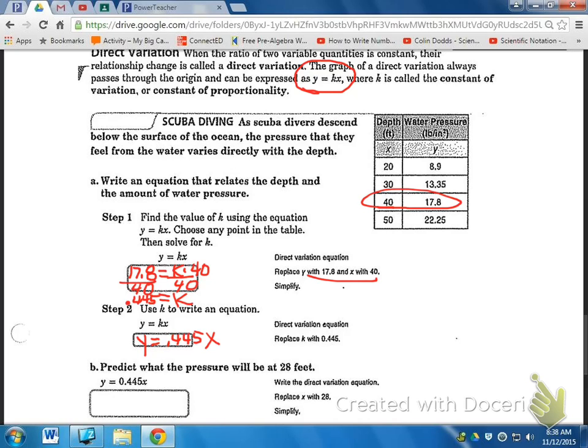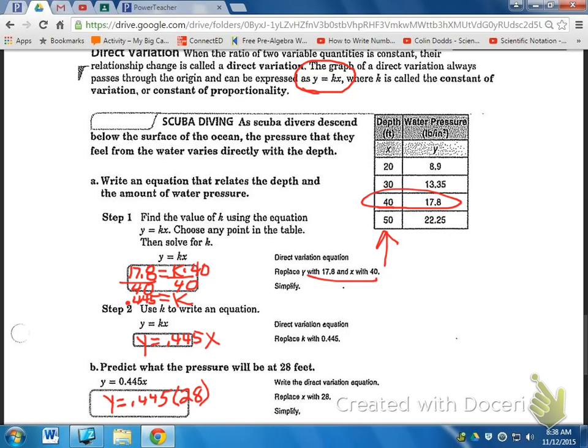Okay, so the water pressure, y, is dependent upon the depth, x. Predict what the water pressure would be at 28 feet. So the feet is the x. So once you get this equation, you can take 0.445 and plug in any depth, in this case 28, and figure out what the water pressure would be.